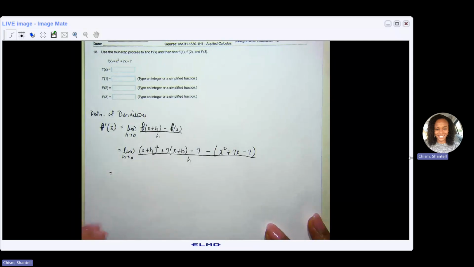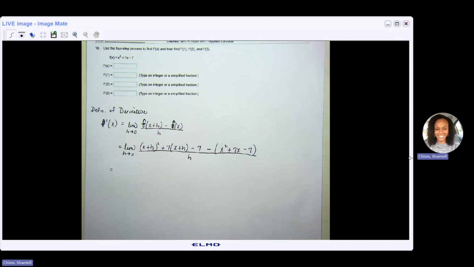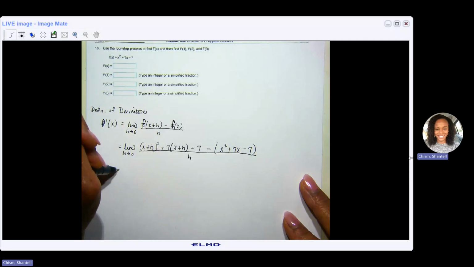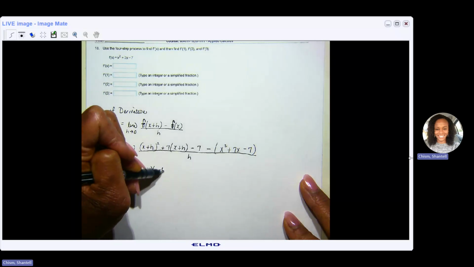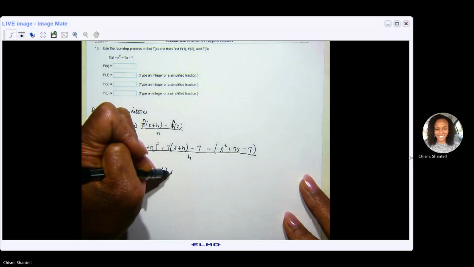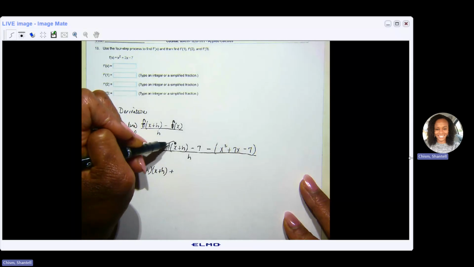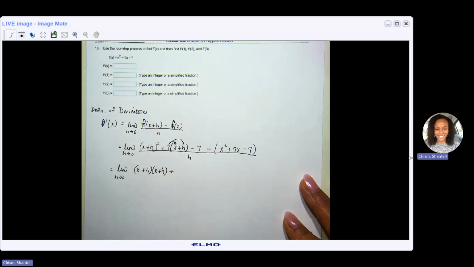So I am going to basically just start cleaning this all up a bit here. We've got to FOIL this out. So I've got the limit as h approaches 0. I've got x plus h times x plus h. Then I'll go ahead and simplify that by using the distributive property.